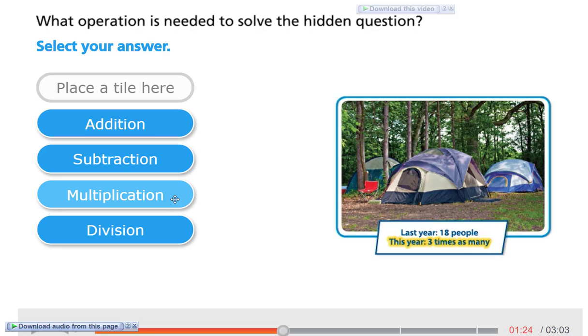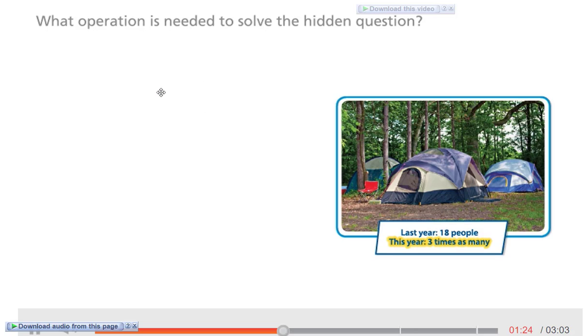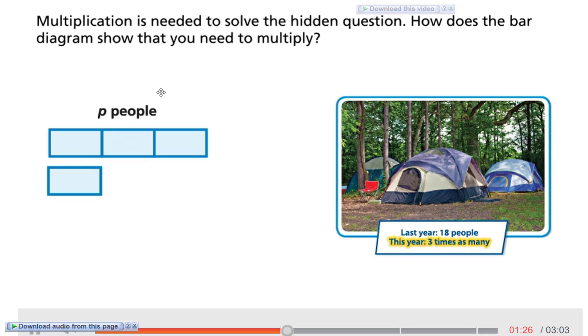Times. Multiply. Multiplication. So I will take multiplication and I will put it in this place, and thank you, it's correct. Multiplication is needed to solve the hidden question. How does the bar diagram show that you need to multiply?